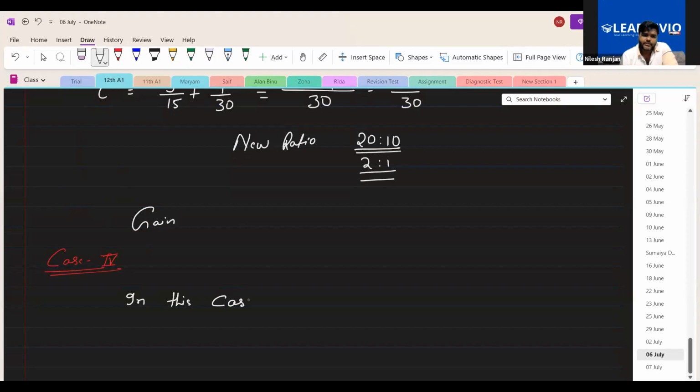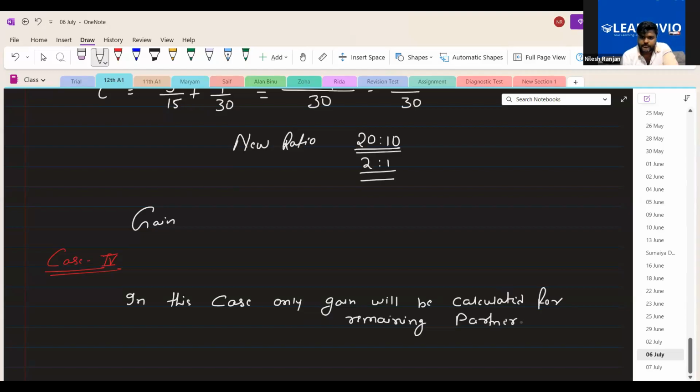So in this case, only gain will be calculated for the remaining partners. Okay, so this is our case 4.